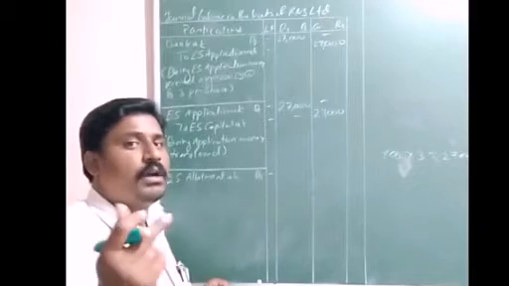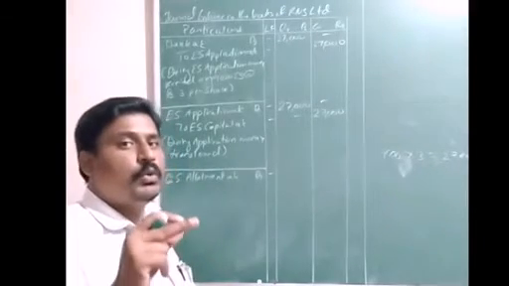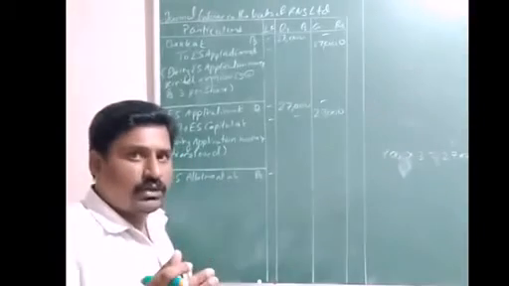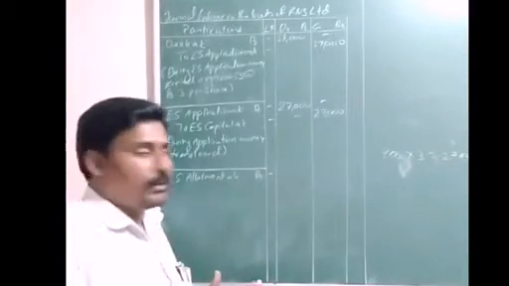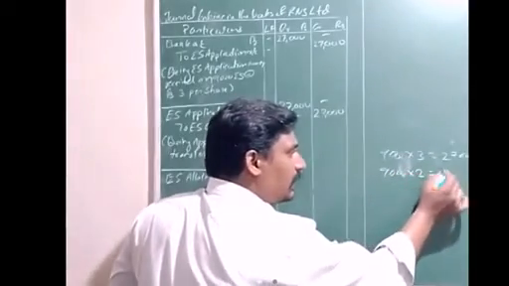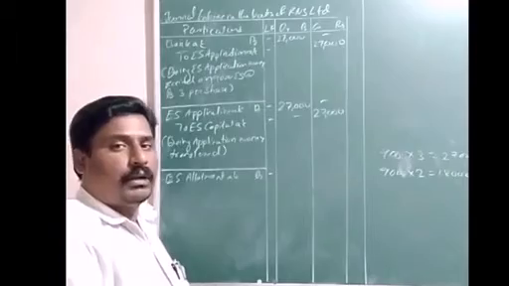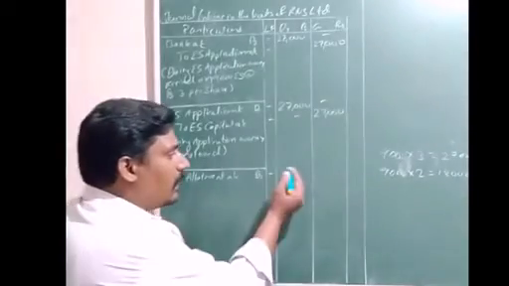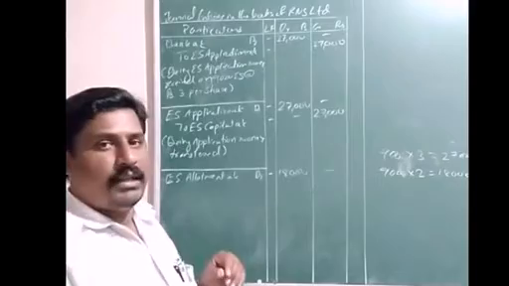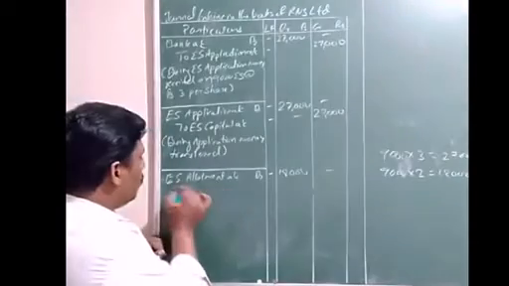Now we tell the shareholders to pay ₹2 on 9,000 shares only, because only 9,000 shares were given to the public. So 9,000 into ₹2 is 18,000 we are expecting from the public.